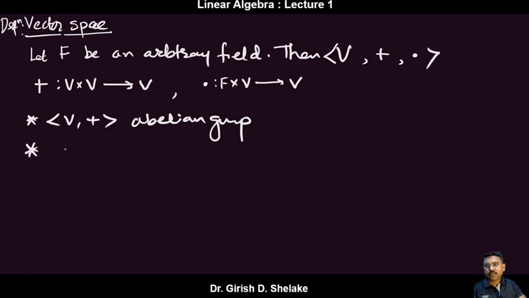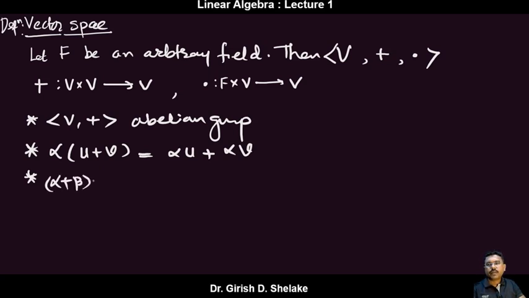Second is distribution of the scalar multiplication over the addition, that is alpha into u plus v is equal to alpha u plus alpha v. This is the second property. Third one is alpha plus beta into u is equal to alpha u plus beta u.